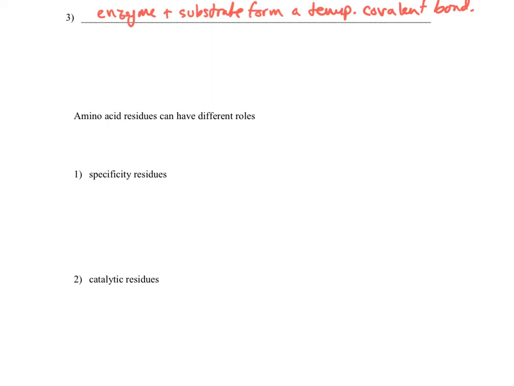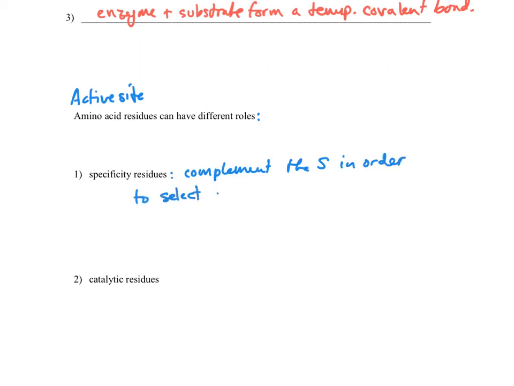What we can say is that active site amino acid residues can have two different roles. They can be specificity residues, that is, they can complement the substrate in order to select a particular or specific substrate or reaction.